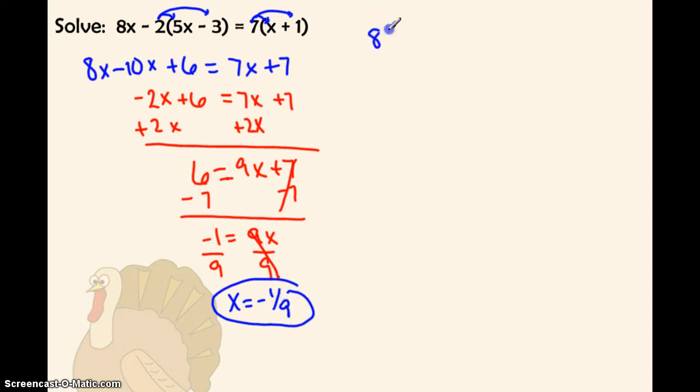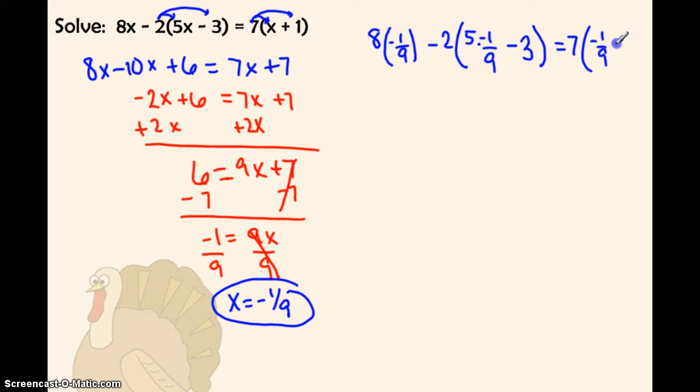So we've got 8 times negative 1/9 minus 2 times the quantity of 5 times negative 1/9 minus 3 equals 7 times the quantity of negative 1/9 plus 1.